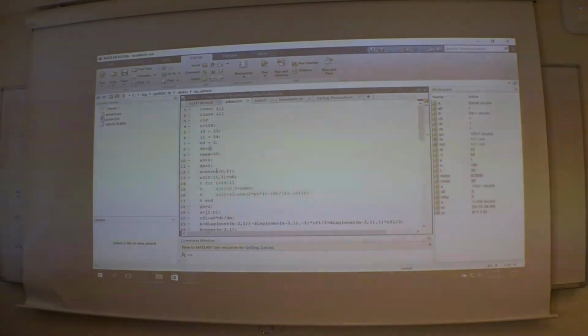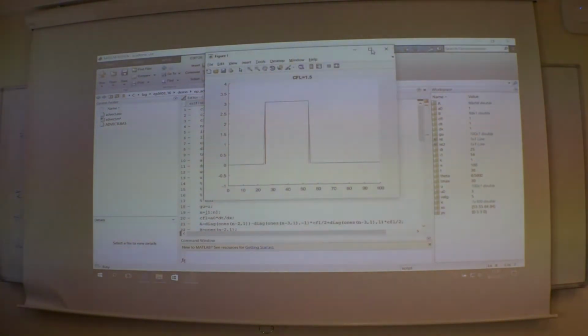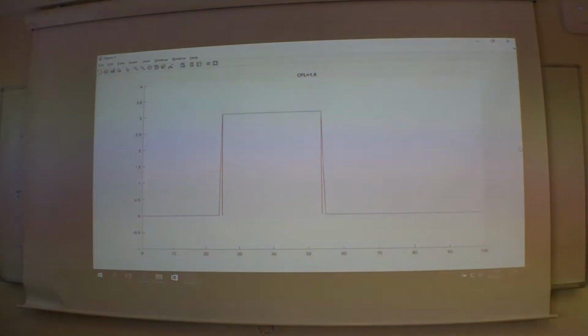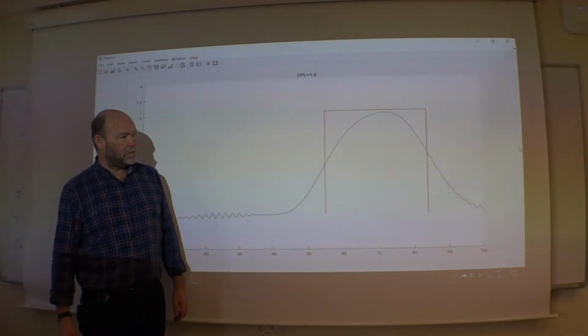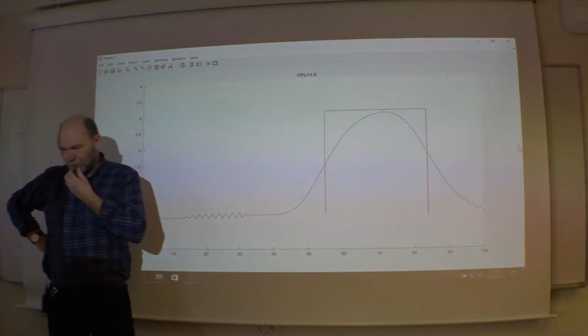Say 1.5. Now see what happens. Yes, still stable. Still very bad though, but you get a solution, and yes, it is unconditionally stable, but not a good solution.